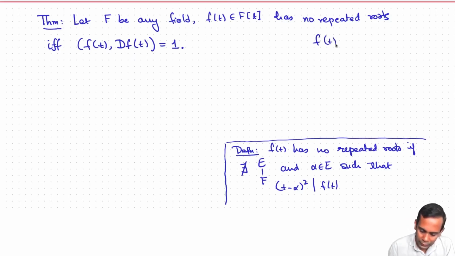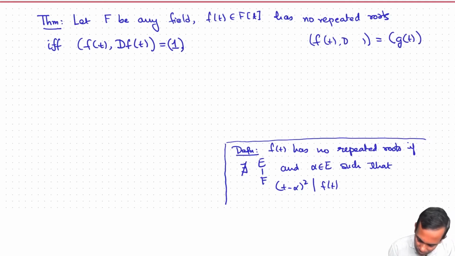And this could either be the whole ring, meaning (1), or it would be generated by some polynomial g(t).